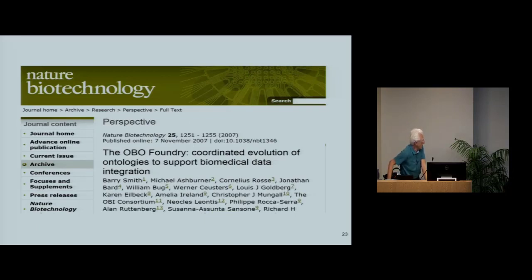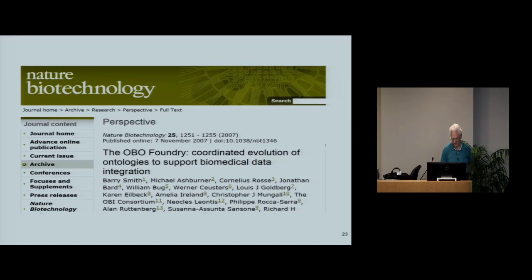And this is a paper in which we formulated the principles which underlie successful ontology development. And you see that Michael Ashburner is the second author on this paper. And Werner is number 6, but then it's alphabetical after the first 3, which are me, Ashburner, and Ross.